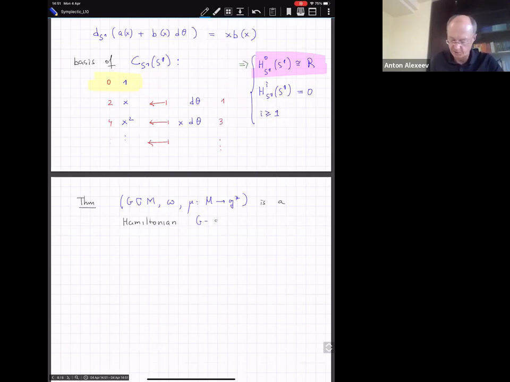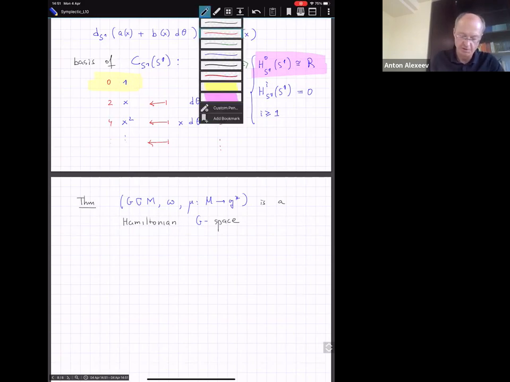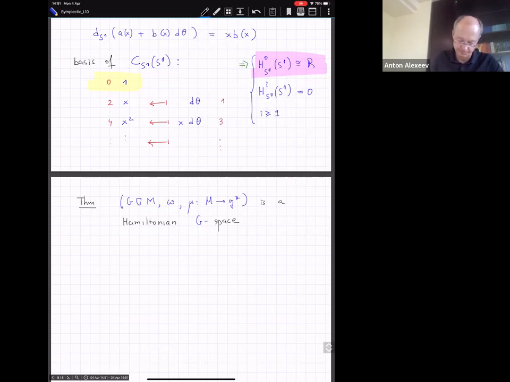So then you can define omega G, let me better write it in the same way as I did before. So it's a form and it's a polynomial on the Lie algebra.